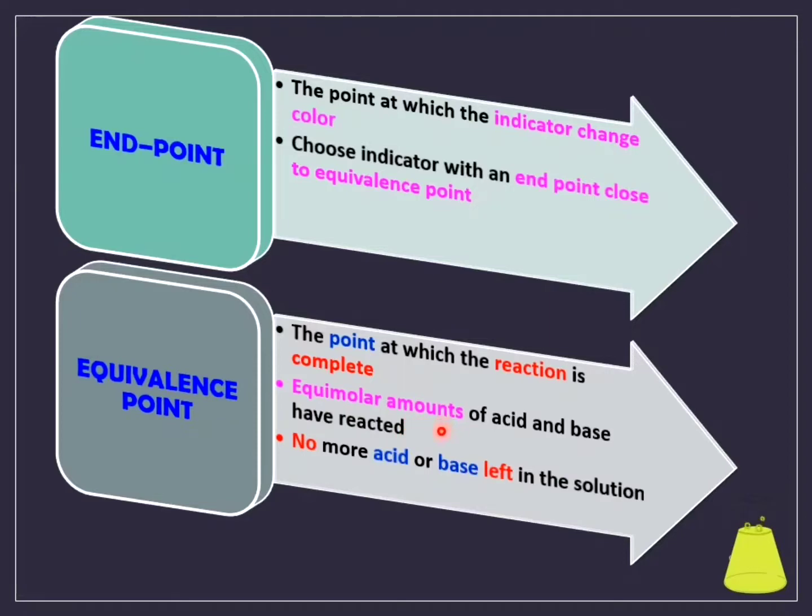Tapi kalau ratio dia 1 kepada 2, 1 kepada 3, number of mole acid and base akan a little bit berbeza. But you need to know, at equivalent point, no more acid, no more base left. Please remember this one, sebab you akan guna nanti dalam calculation part.